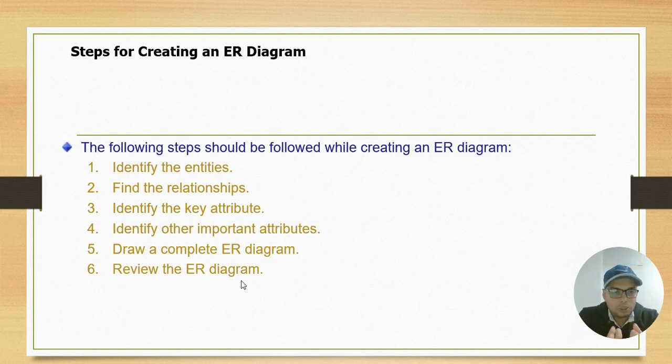Review means you have to cross check everything is perfectly all right, that nothing is missing. If something is missing in your table, you can correct it, you can make it complete. Data integrity means correctness of the data. Data should be accurate, correct data, right? So these are the 6 steps you have to keep in your mind once you are working on the ER diagram.